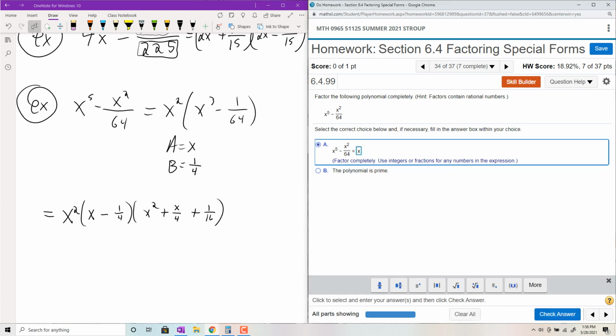Don't forget the x squared in front. So x squared, parentheses, x minus 1 slash 4, parentheses, parentheses, x squared plus x slash 4 plus 1 slash 16.